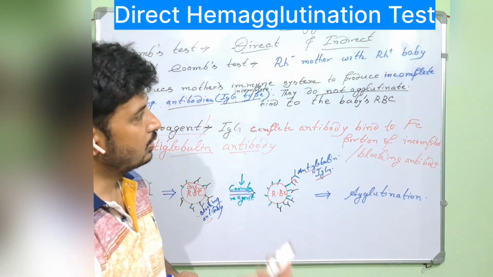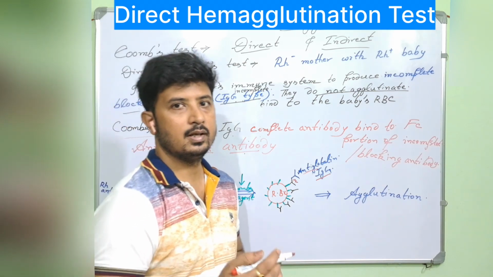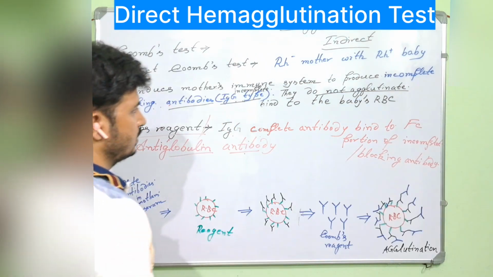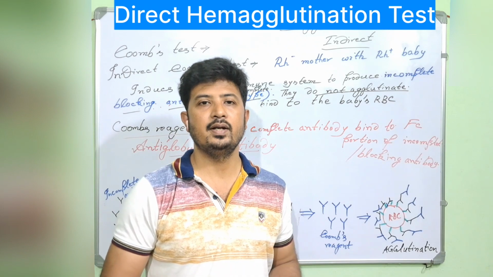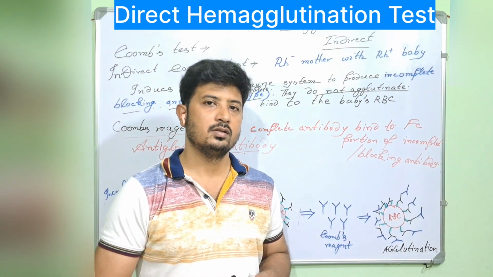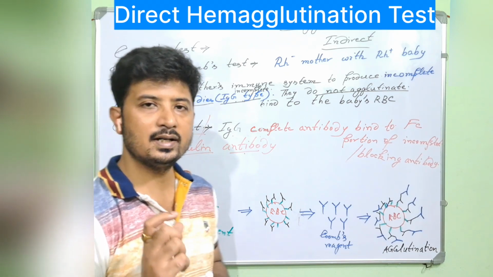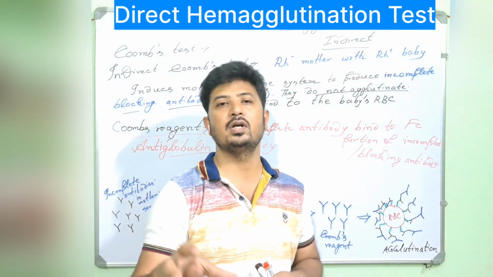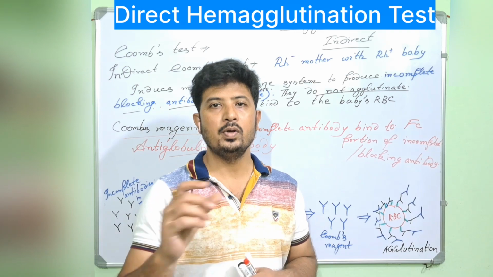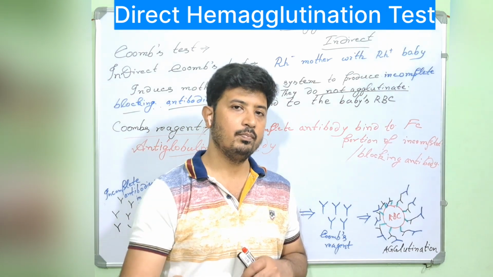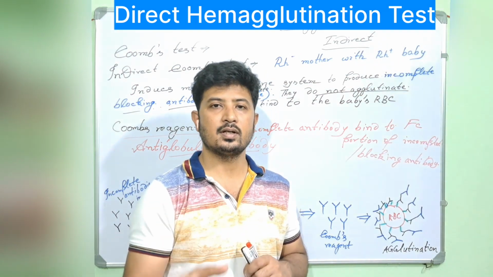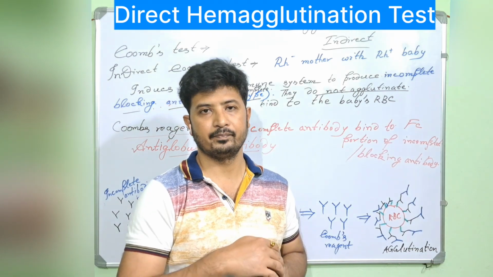Now what will happen in the indirect Coombs test? Let's understand the indirect Coombs test. As the name suggests, indirect means here we are not directly recognizing the RBC bound to the incomplete antibodies. We are detecting the incomplete antibodies circulating in the mother's serum.